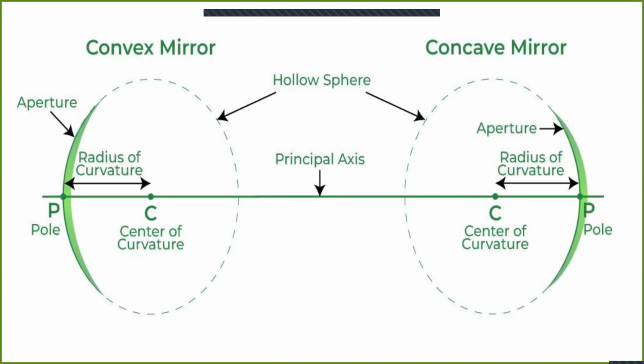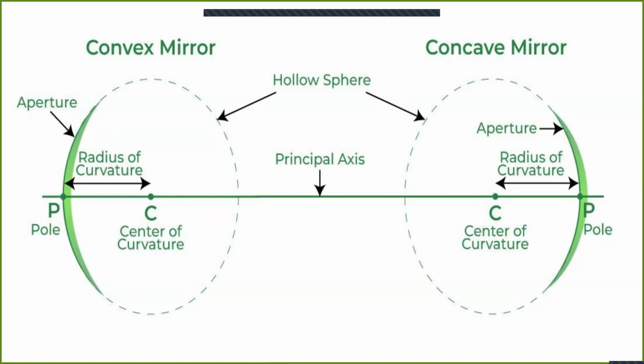When we assume the convex mirror as a hollow sphere, the center of the circle is called the center of curvature. The distance between the center of curvature and the pole is the radius of curvature. The principal axis is the horizontal line passing through the center of curvature and pole.